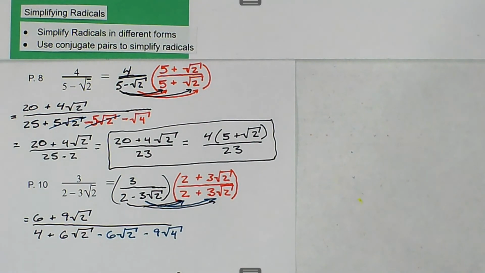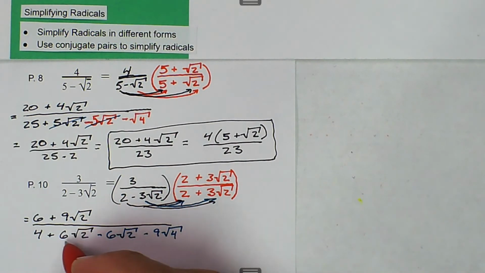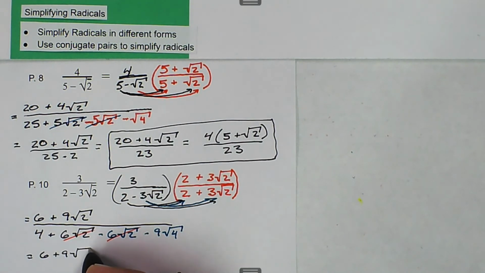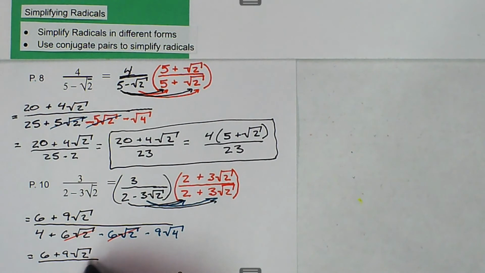Okay. Now if we do this correctly with the conjugate pair, the middle term should always drop out, and that ends up getting rid of our radical. So then we can rewrite that. We can't do anything with the numerator, so we're just going to leave it as 6 plus 9 square root of 2. We can bring the 4 down, and we say plus.